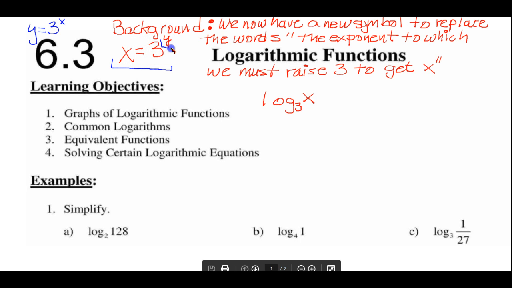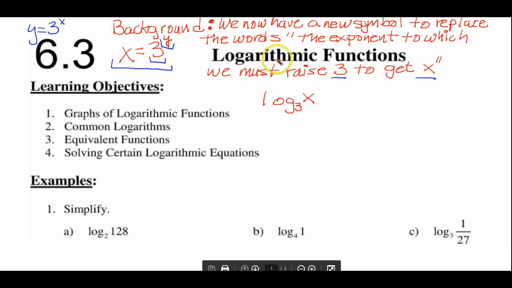This y is the exponent to which we must raise 3 to get x. So the exponent to which we raise 3 to get x. And I have it written down here. The exponent to which we must raise 3 to get x.